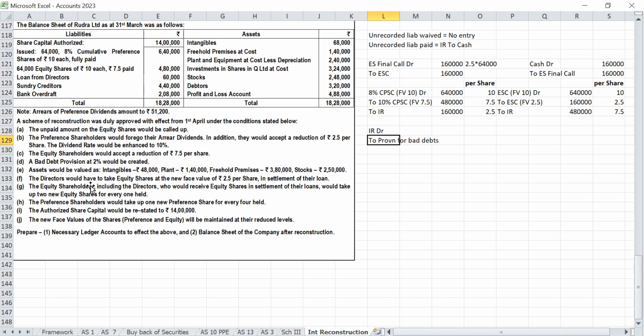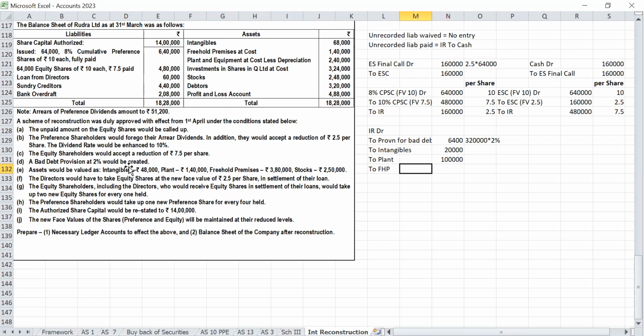So two intangibles 20,000. Provision on the debtors 3,20,000 into 2%. Then plant, freehold plant. 1,40,000 minus.